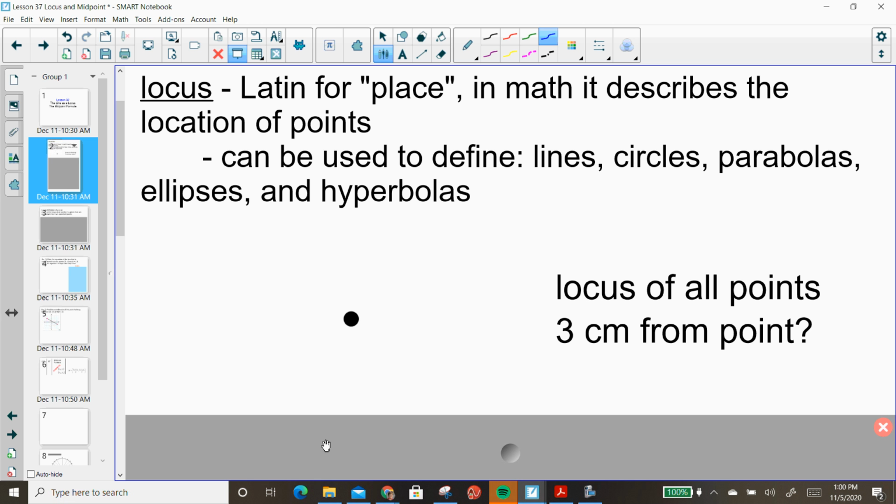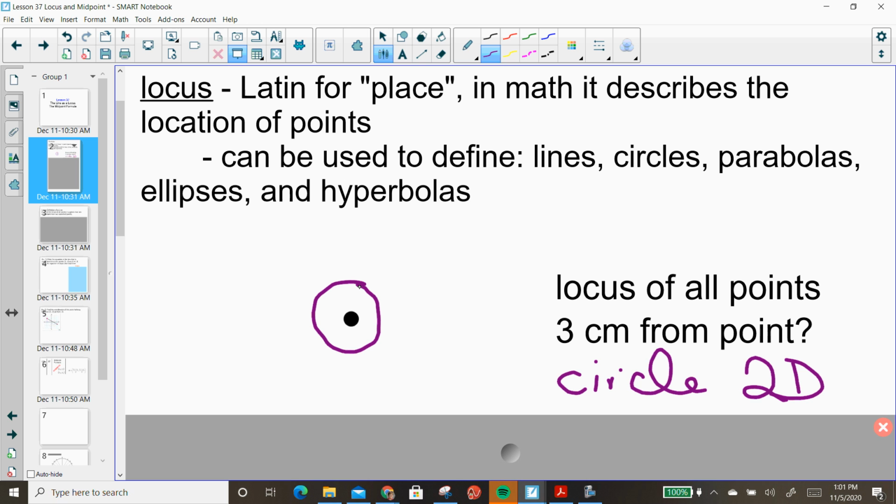If we are talking about 2 dimensions, we do indeed have a circle. There we go. So if we are in 2D, we might have a circle, something like that. What if I said, though, you're not going to use a compass to draw this in 2D.